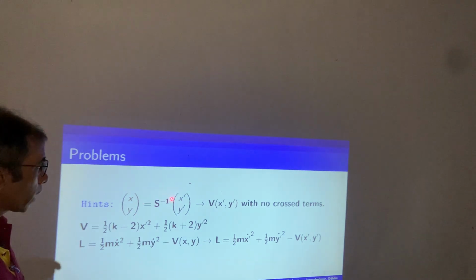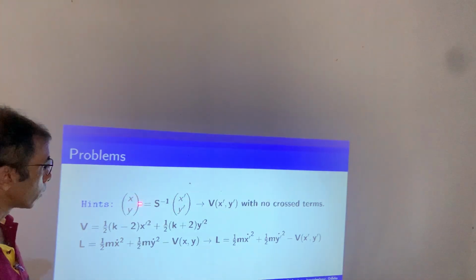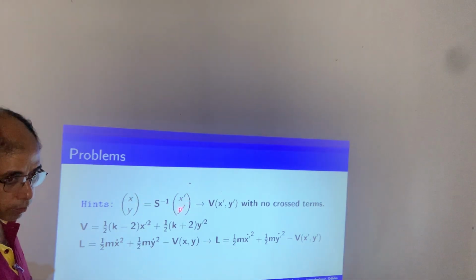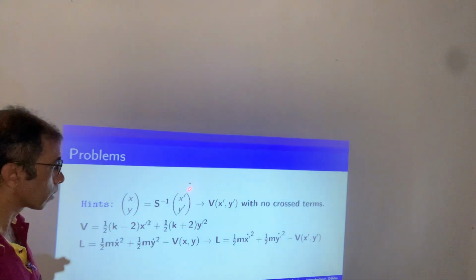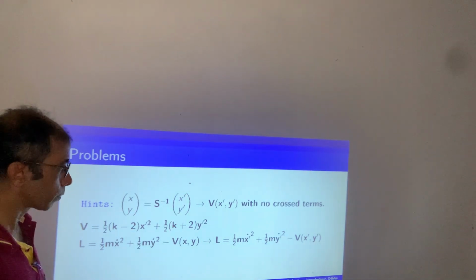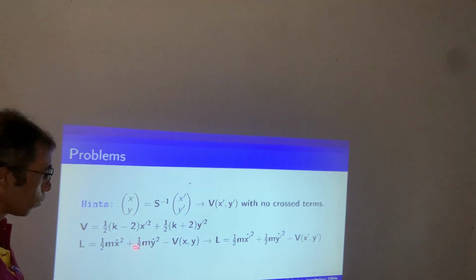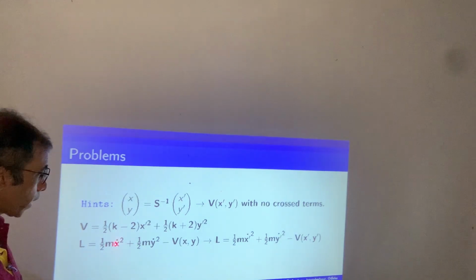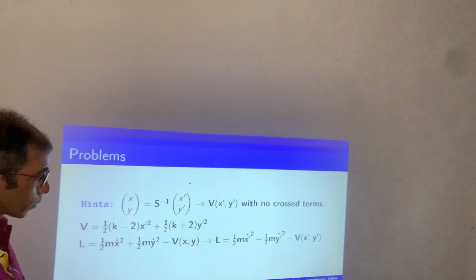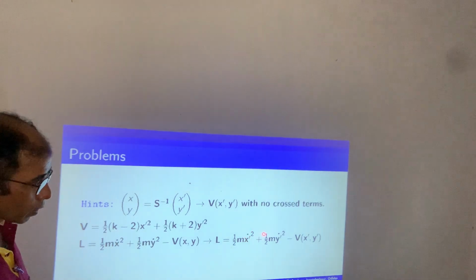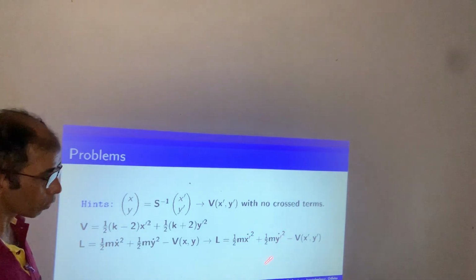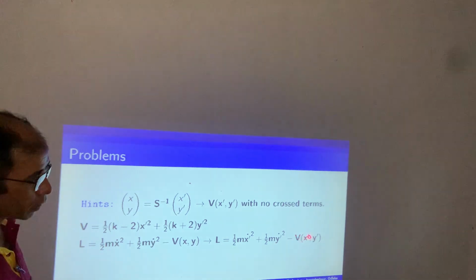You already know x in terms of x prime and y prime, so x dot can be found very easily, and y dot too. If you put the values of x dot and y dot here, what we get is half m x prime dot square plus half m y prime dot square minus V(x prime, y prime).